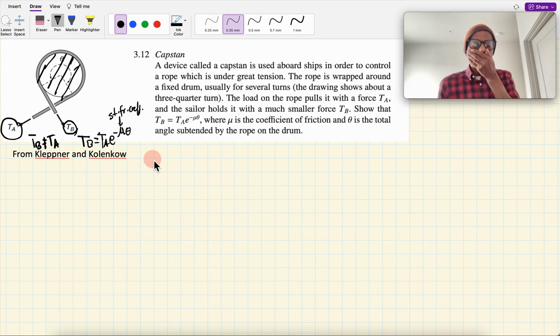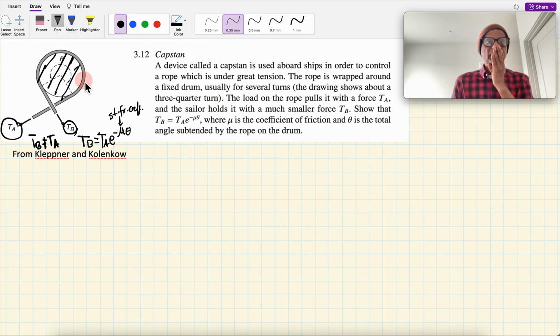Okay, so how do you show that the tension has been decreasing? Actually, this is a very tricky problem, right?